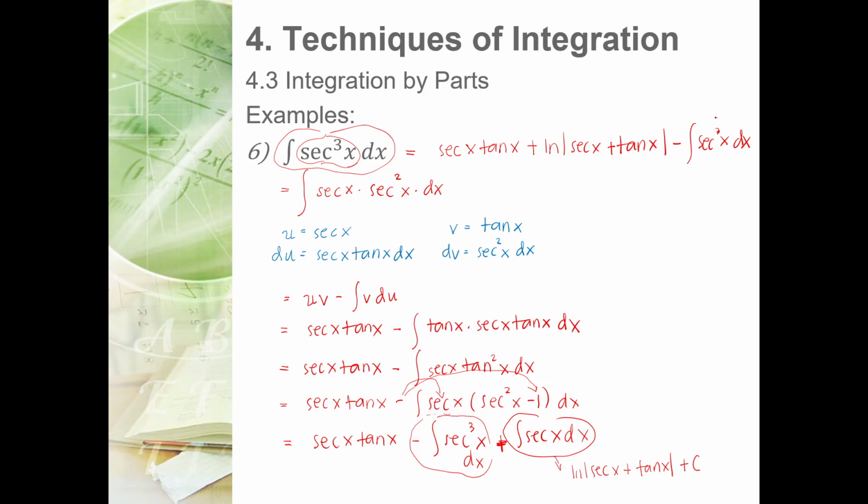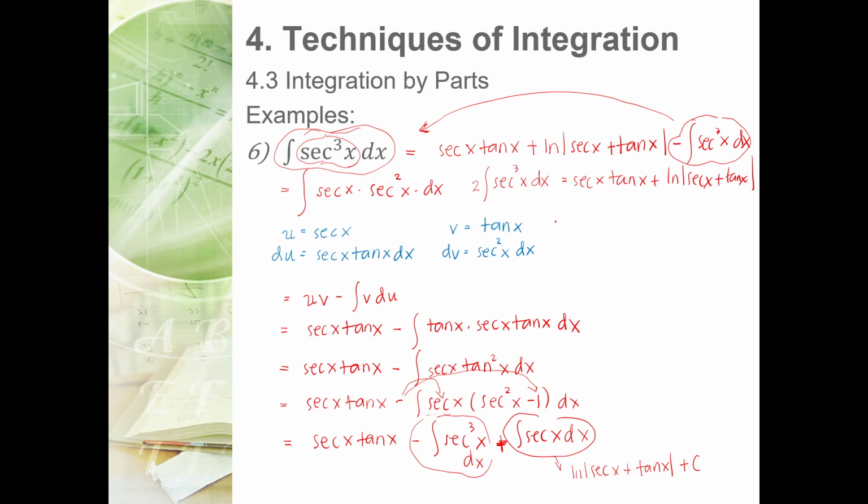And notice that you have a repetition of secant cube x dx. So we'll move it to the other side so they can be combined. So you're going to have on the left side 2 times the integral of secant cube x dx, the given plus another term from the right side, which we combined on the left side, equal to secant x tangent x plus ln of secant x plus tangent x.